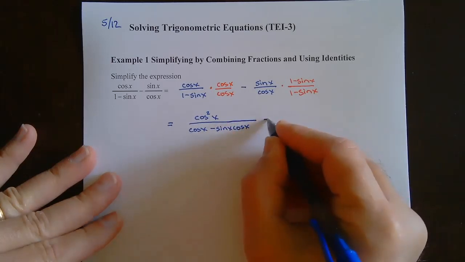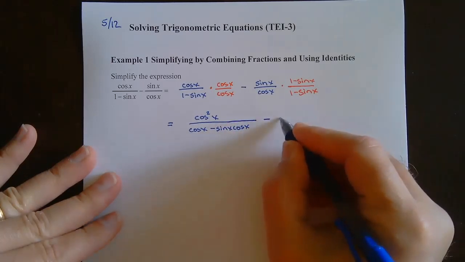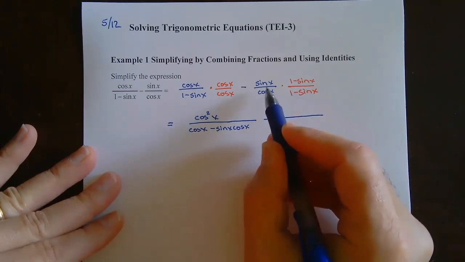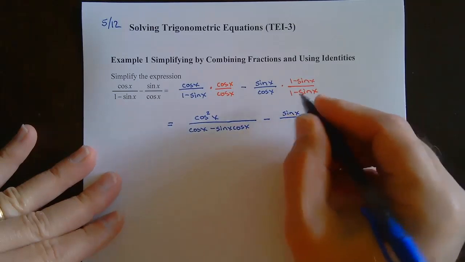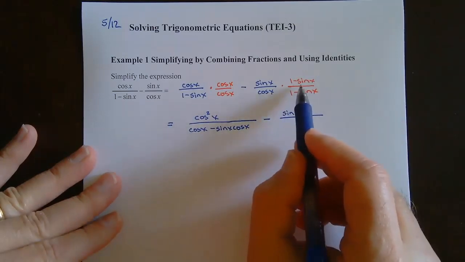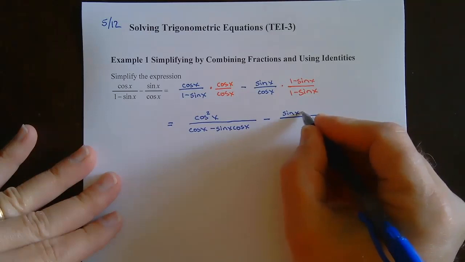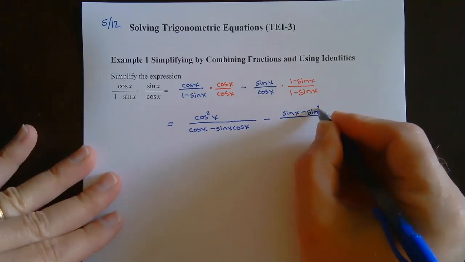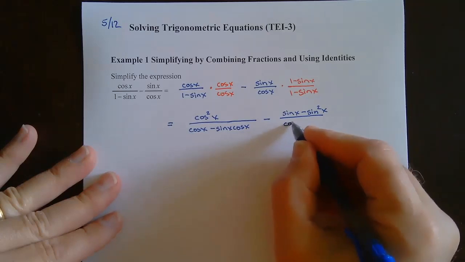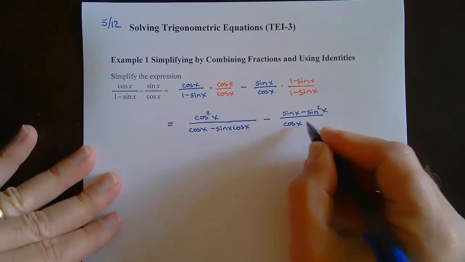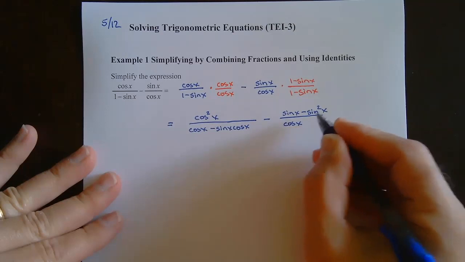Okay, and then minus, this would be sine x, okay, and then minus sine squared x, all over cosine x minus cosine x sine x, or sine x cosine x.